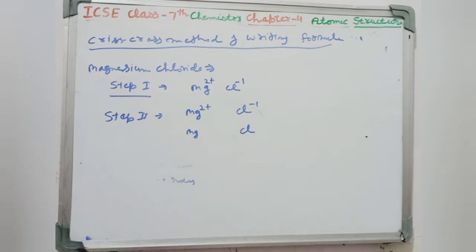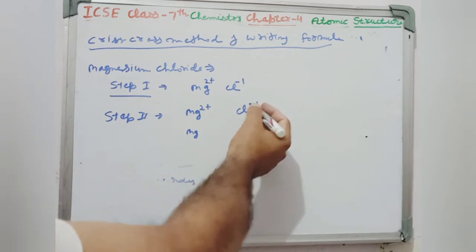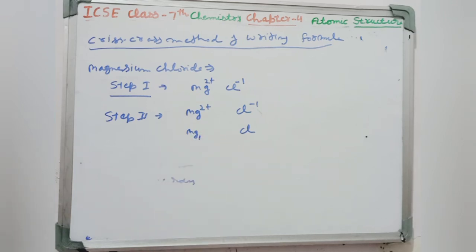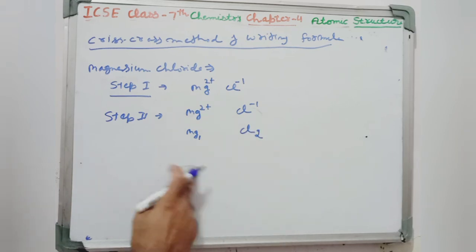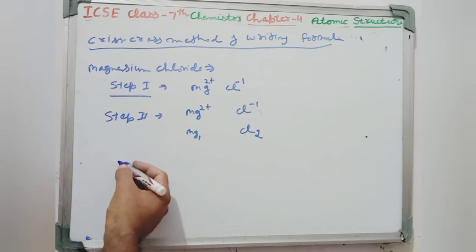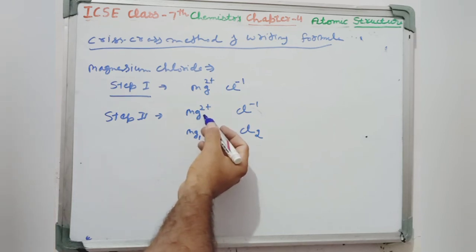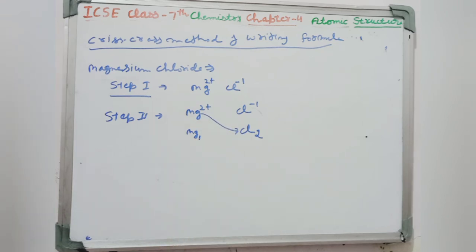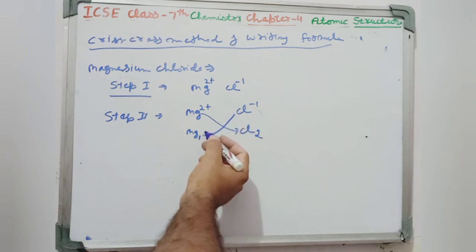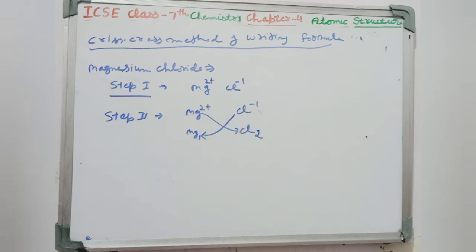See here, this will become its subscript here, and these two will be its subscript here, irrespective of their positive and negative signs. What I have done is that this Mg is going to combine with this. This is the crisscross formula.